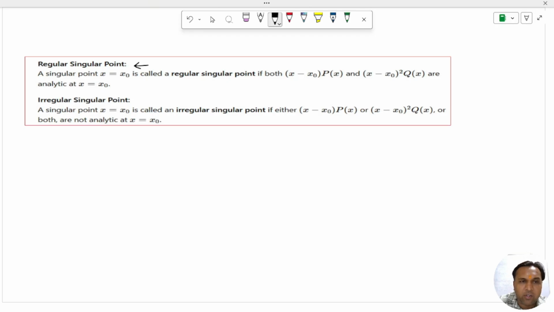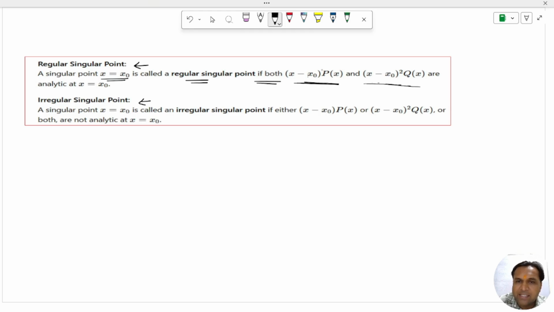Now here we have to check when we say a regular singular point and an irregular singular point. A singular point at x equal to x0 is called regular singular if both conditions hold, you have to check both: x minus x0 times px, and x minus x0 whole square times qx.